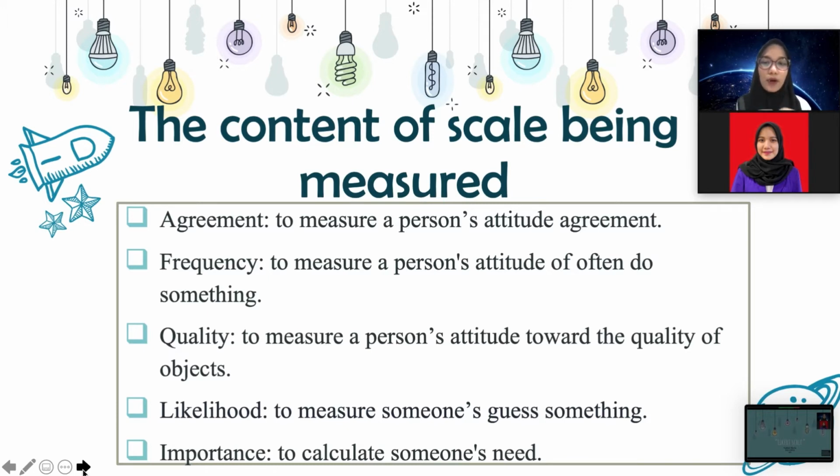And the quality is to measure a person's attitude toward the quality of the object, and usually uses the scale from very good to very bad. And then likelihood, to measure the chance of someone getting something, and usually uses the scale from definitely to never. And the last is importance, to calculate someone's needs, and usually uses the scale from very important to unimportant.